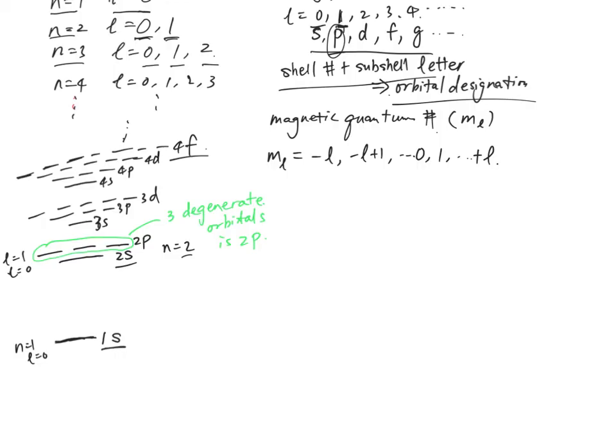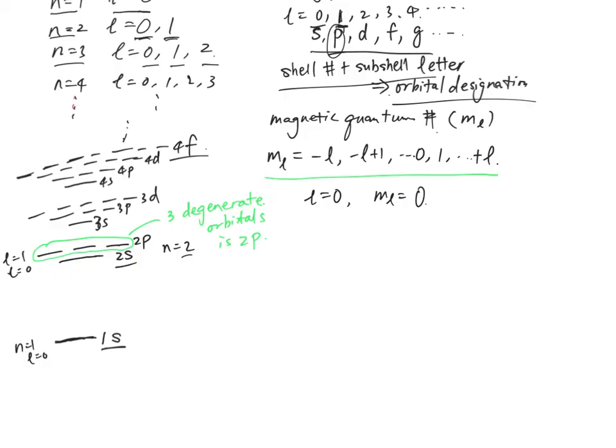I know I have more and more degenerate orbitals within a shell as we go higher on the subshell, but what does that have to do with the magnetic quantum number? Let's see. What if your L equals 0? That's an s orbital. m sub l should equal, well, what's negative L? Negative 0. What's positive L? Positive 0. So m sub l should equal 0, no other possibilities.